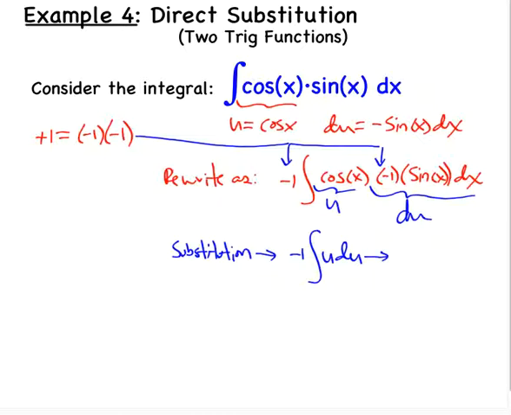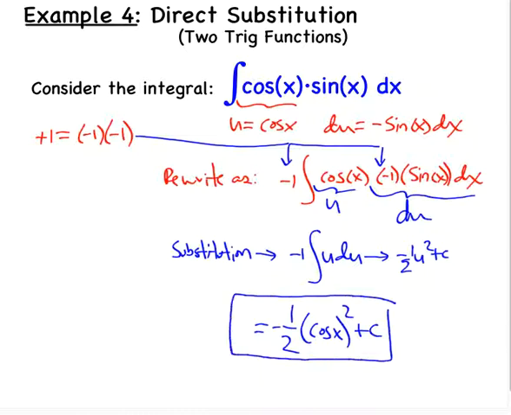Times that -1, we have -1/2 u squared plus c. And once again, we want to return this to the original variable. u is equal to cosine of x. And that would be our final answer.